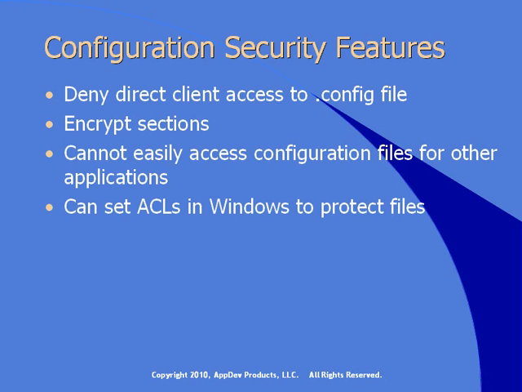By default, the access control lists, or ACLs, within Windows are set for the ASP.NET or network service accounts so that they can only read and execute the root machine.config and web.config files.